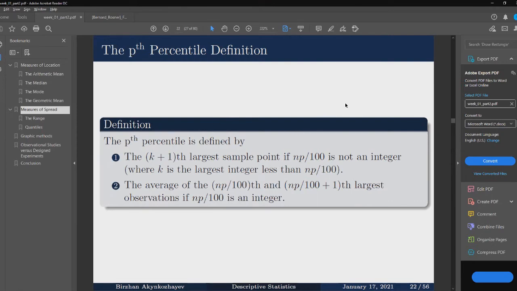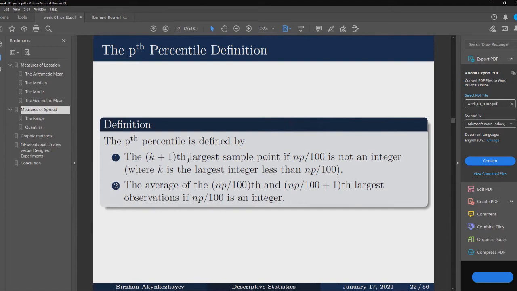First of all, we are going to look at the value of np over 100. And if it is not an integer, let's assume that we have 10 sampling points, so small n is equal to 10, and we want to find 35th percentile. We multiply 10 by 0.35, which is equal to 3.5, which is not an integer.